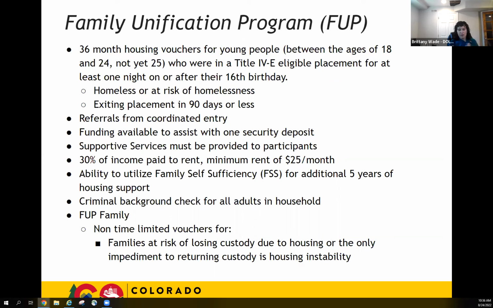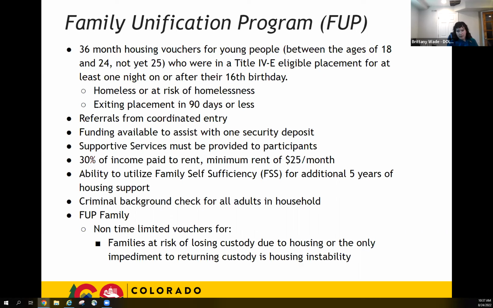That does have a requirement also for case management and supportive services to help that young person get to a place of self-sufficiency, so a place where they can pay their full rent on their own. So that usually entails some kind of work program or an educational program, something that's going to get them to a place where they are making enough income each month that they can pay that rent on their own.